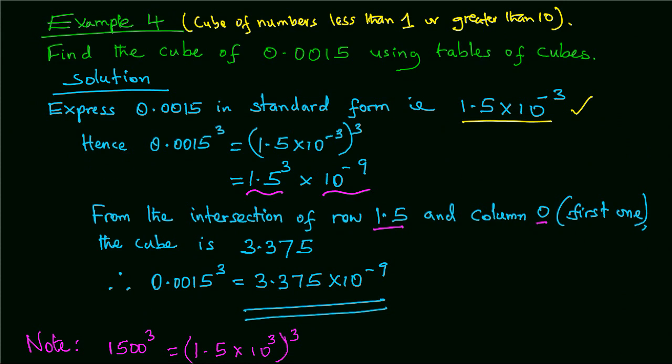And therefore, 0.0015 cubed will be 3.375 times 10 power -9.